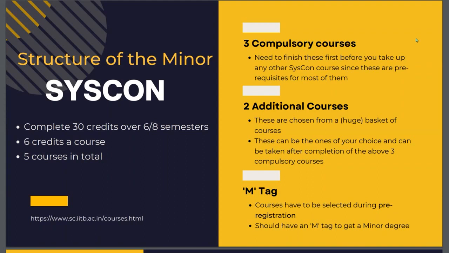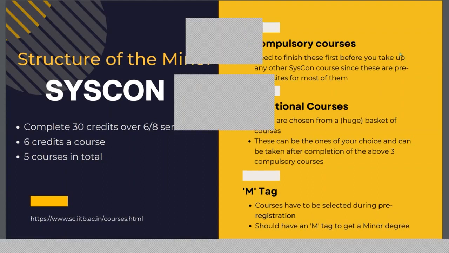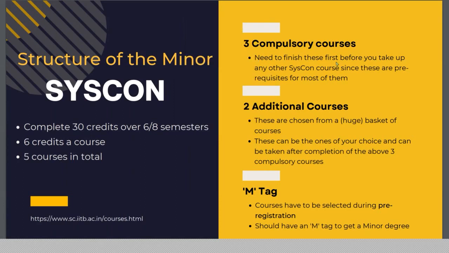The structure is honestly a bit rigid and has less flexibility as compared to other courses. But first, you have to complete 3 compulsory courses. You need to finish these 3 compulsory courses before you take up any other course from Syscon, as they are the prerequisites for most of the other courses from the Syscon department.